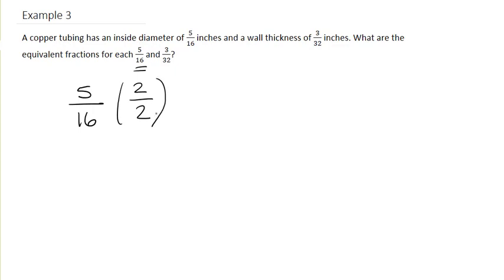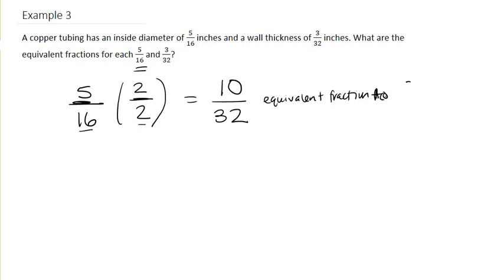So just multiplying it by 2 on the top and the bottom. So now we have 5 times this 2, which is equal to 10. And we have 16 times 2, which is equal to 32. So 10/32 is an equivalent fraction to 5/16.